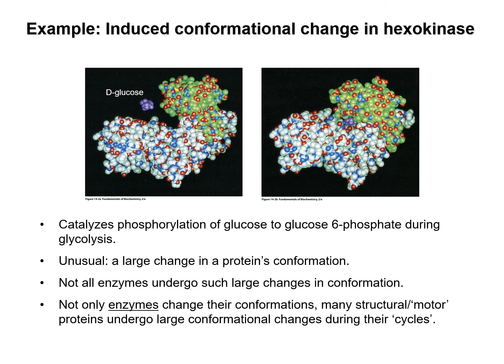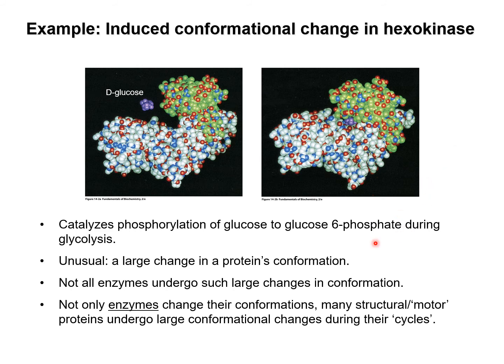And it's a pretty unusual enzyme because it has huge conformational changes. But not all enzymes undergo such a large conformational change. Not only enzymes change their conformation, but many structural and motor proteins undergo large conformational changes during their cycles too, to form higher order structures.